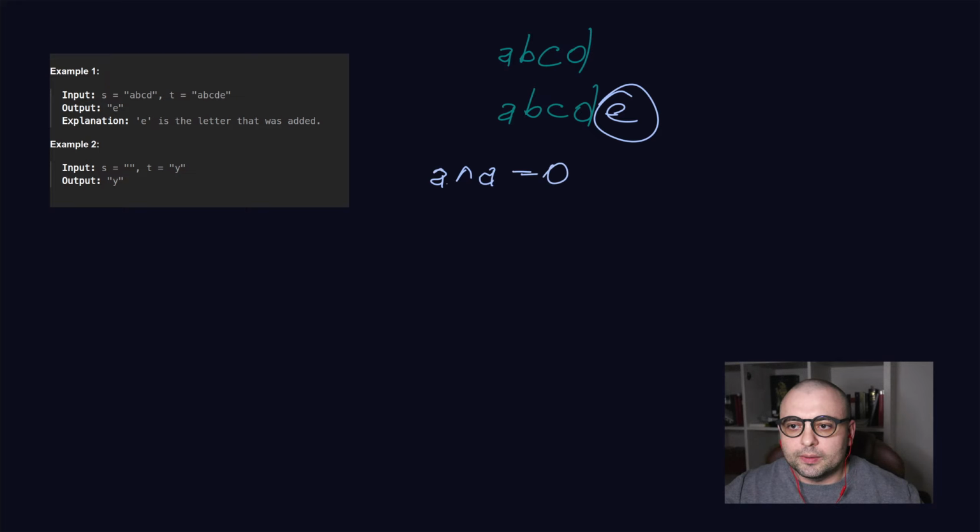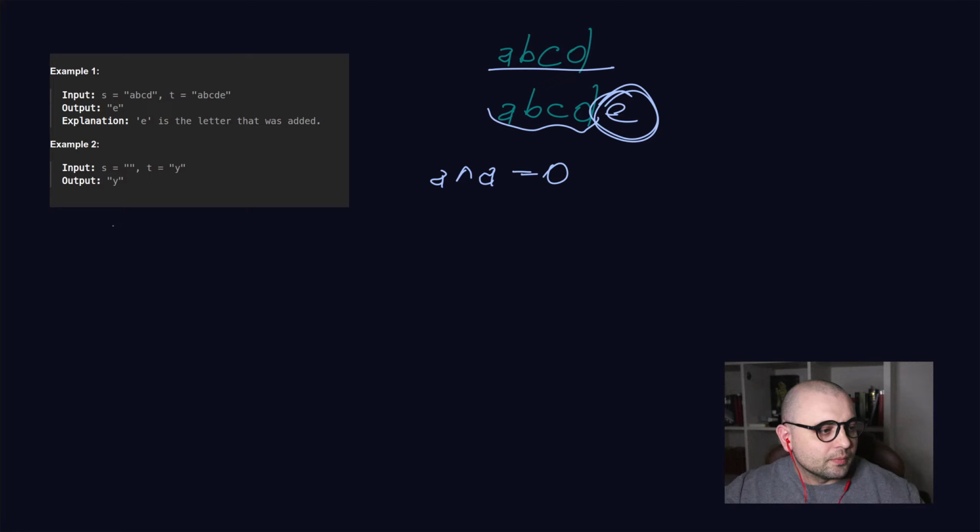They will nullify each other. So we may apply an algorithm where we get all the letters here and XOR this string by all the letters above, and the remaining one will be only E. So that's my idea on how to implement it.